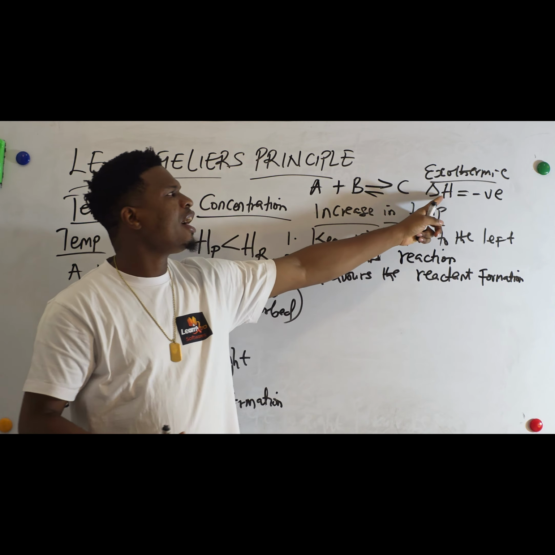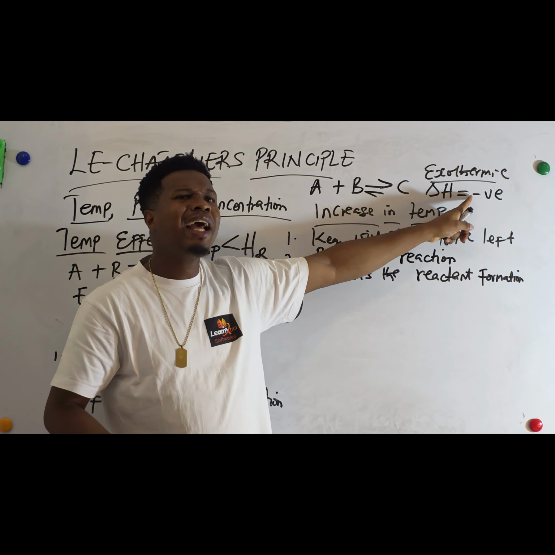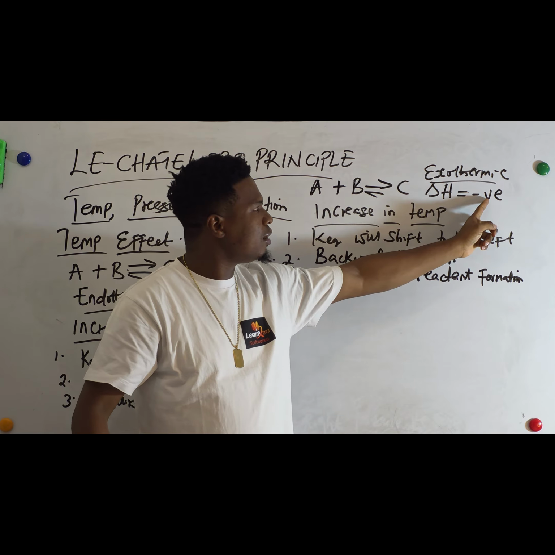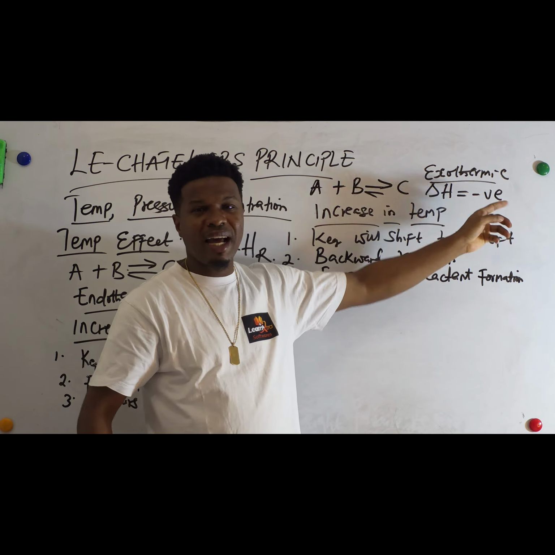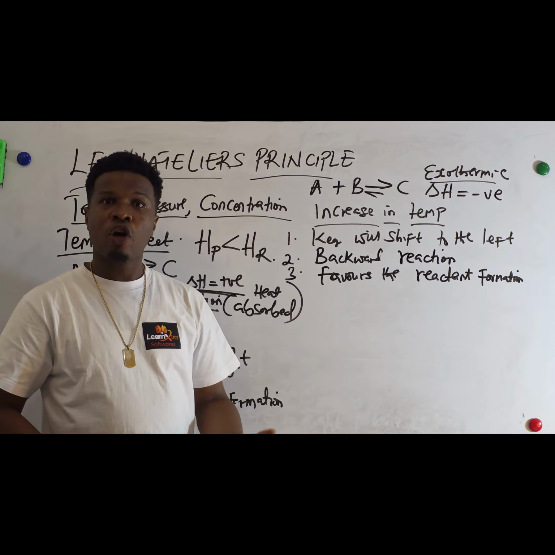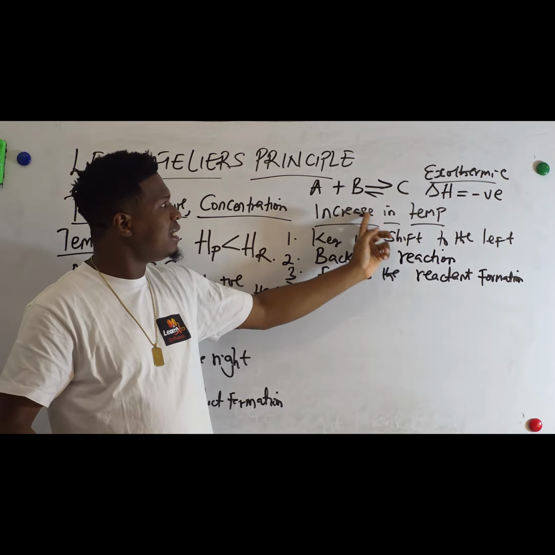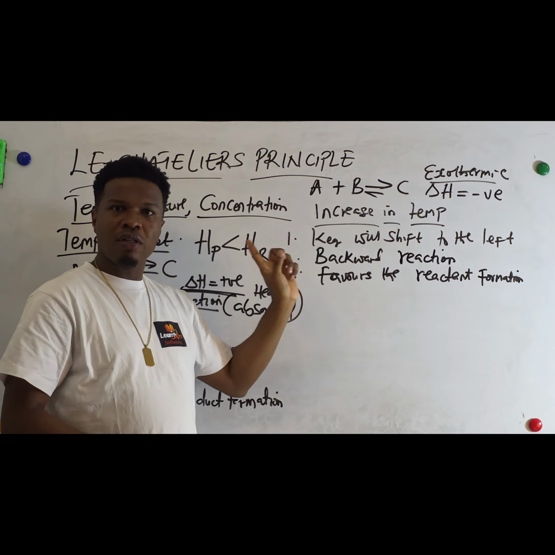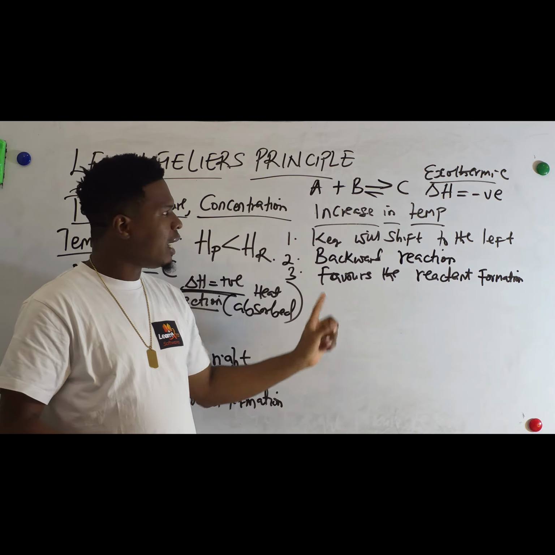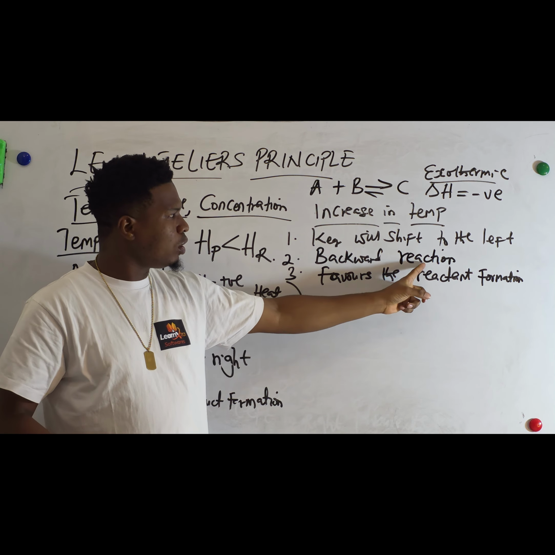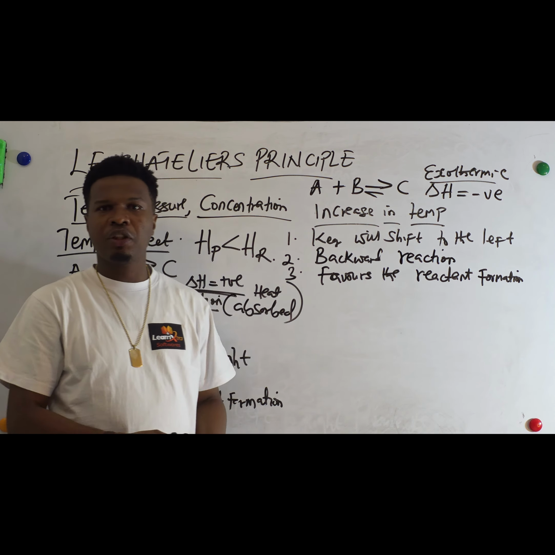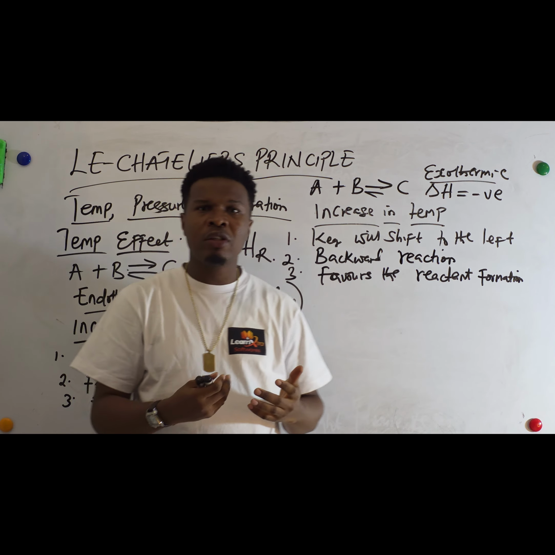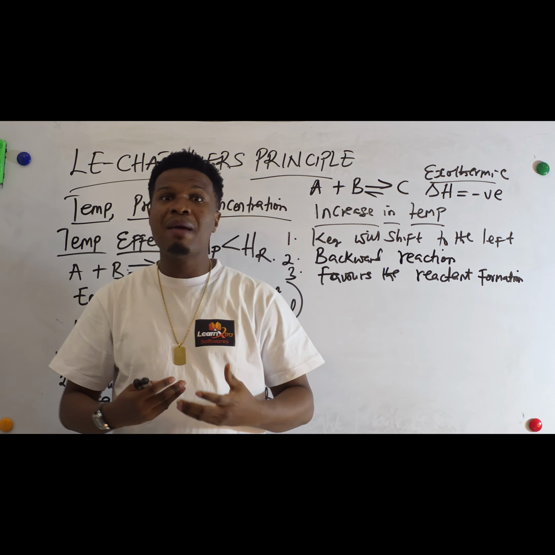But if the reaction is negative or exothermic, that is, heat is released, it means that delta H is negative. If heat is released and you are increasing the temperature, the equilibrium will shift towards the left, favoring the backward reaction and also favoring the reactant formation instead of the product formation. In industry, these things are monitored in order to get a maximum yield of product.